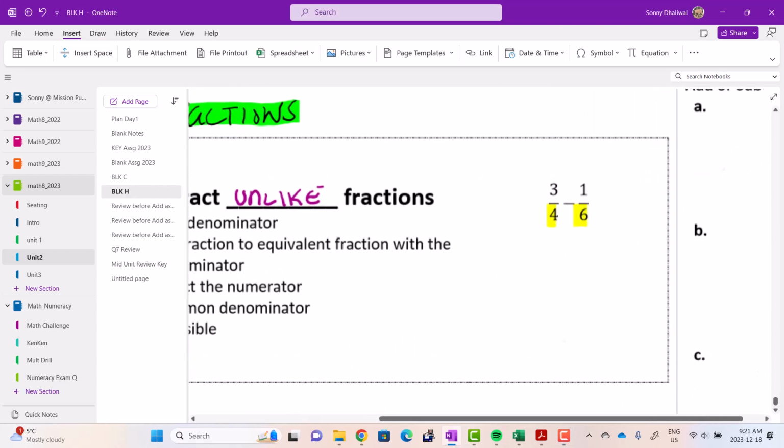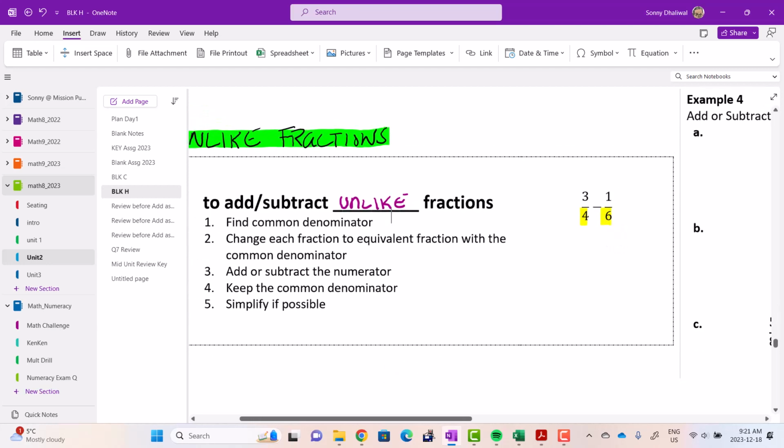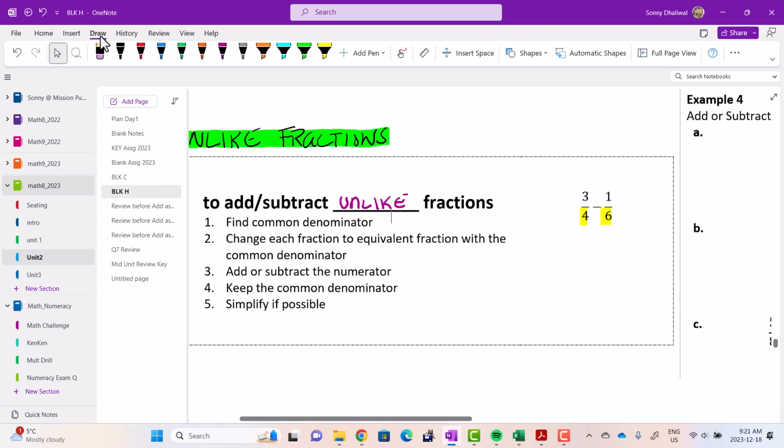Instead of drawing this picture, we need to make both of these bottoms the same. So we need to find the common denominator. What is the number that we can make them both? Because the word common means same. To do this, we think of what are the multiples of 4? What are the multiples of 6? What do they share in common?